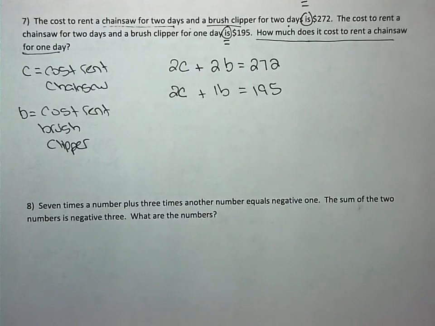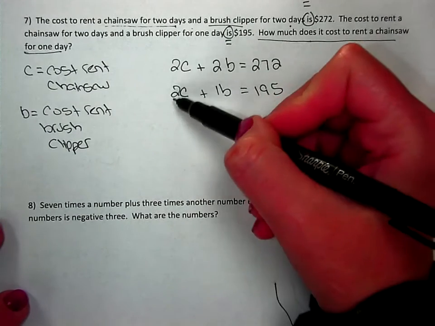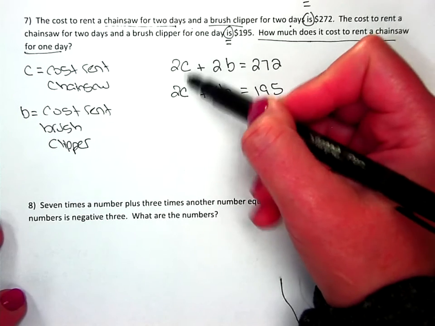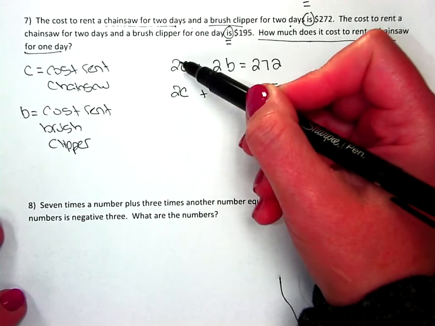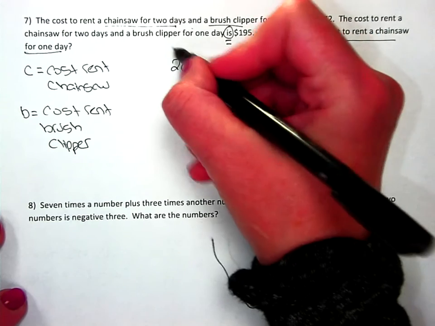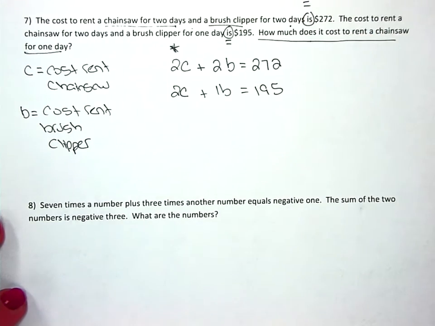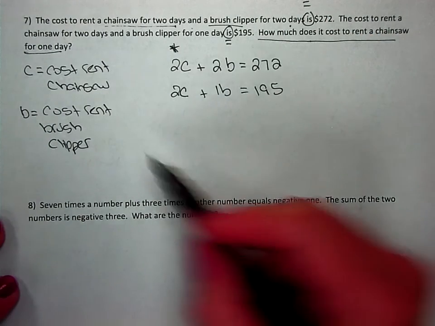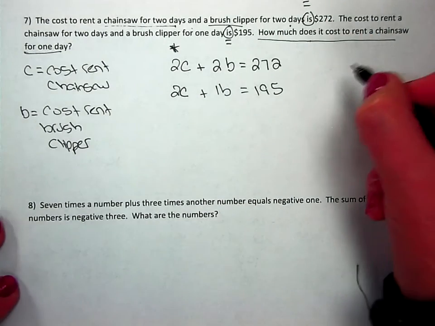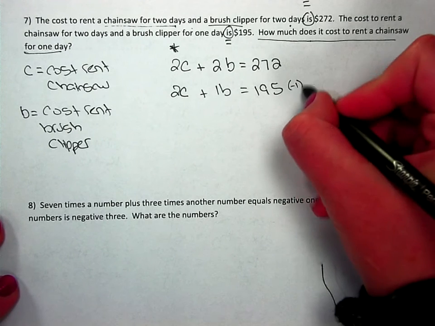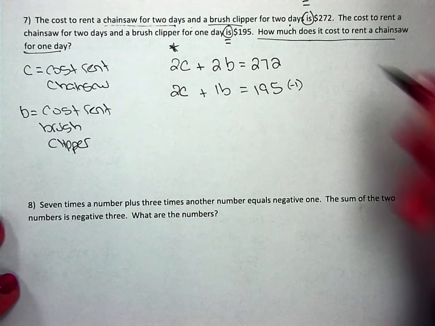Alright, so now once you have it set up, you just need to use either substitution or elimination. I'm going to keep on with elimination today. So I noticed that I have a 2 as my coefficient on the C. So that's what I'm going to eliminate. And they have to be opposite. So I'm going to go ahead and multiply the bottom one by -1.